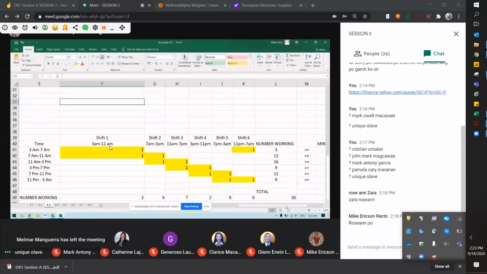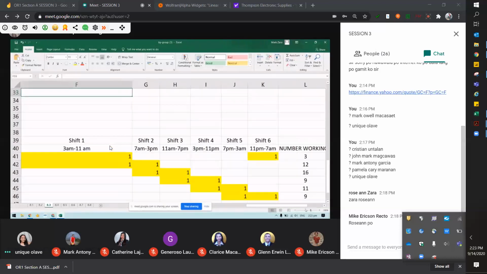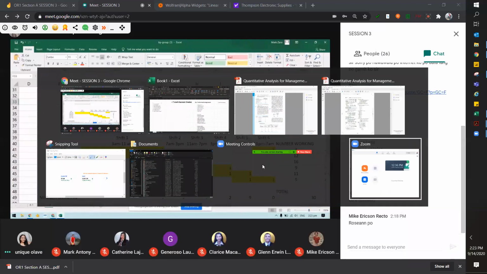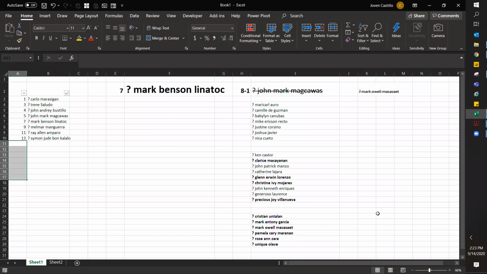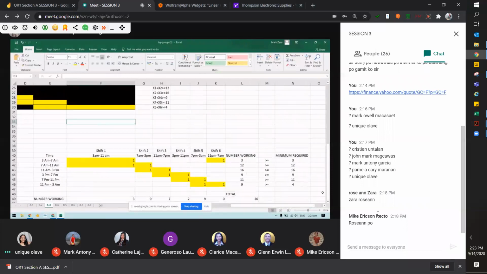Ayan, pa-zoom out lang ng konti para kita natin yung column O. Okay. So, anong ibig sabihin ng table na yan? So, para kasing ito ay mag-schedule kayo, kayo ay manager, ng ilang crew yung dapat na papasukin in order to address yung demand or yung minimum requirement kada shift or kada time.